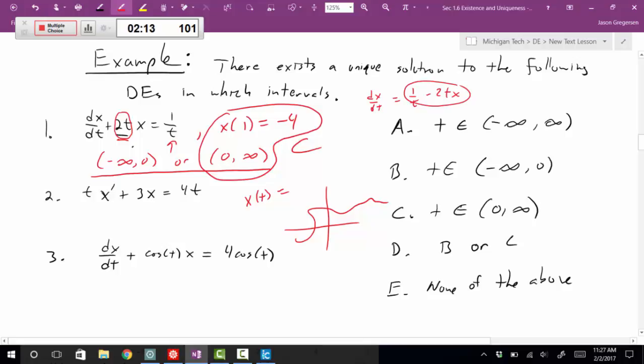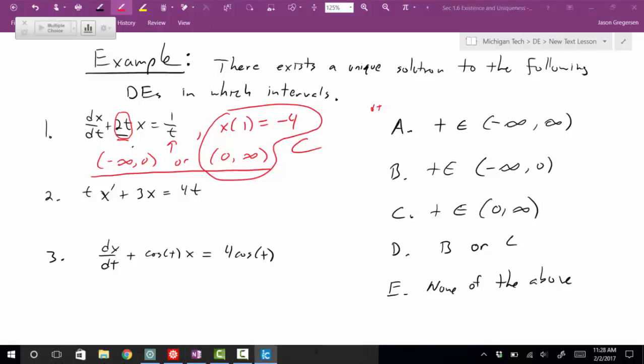Which means somehow, whatever solution I'm drawing here, it has no slope at 0, right? And that's the problem. So whatever weird thing I'm drawing here is not correct when I get to t equals 0. So there is some sort of problem. Okay? So the big idea is that that initial condition defines which interval we're working with. Okay? All right. Number two.